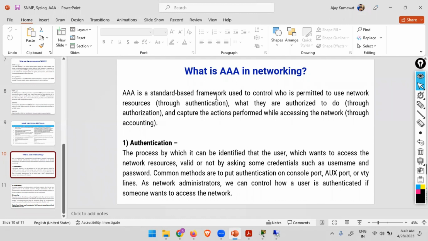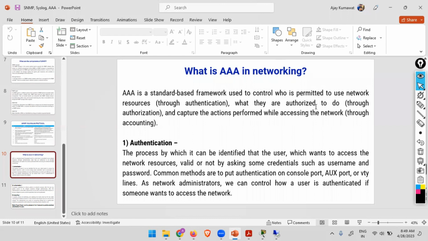We verified the user, okay, you are a verified user, but what is the level of access you have now? That is the authorization. And accounting is nothing but your logging only. Monitoring and recording all the events that are happening in your network. Okay. So if we discuss AAA, your AAA standard framework is used to control who is permitted to use the resources. When we can identify who is permitted, that means authentication.